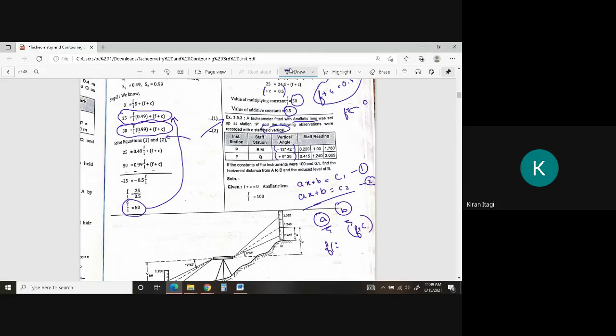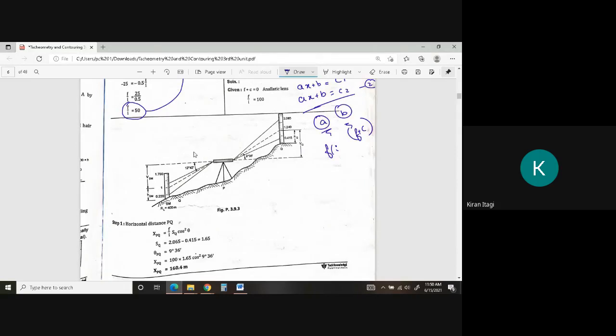See, the instrument is standing here. This is my station Q. This is my benchmark.